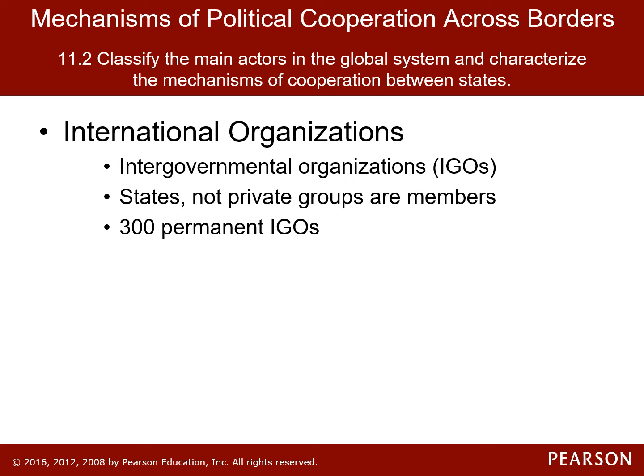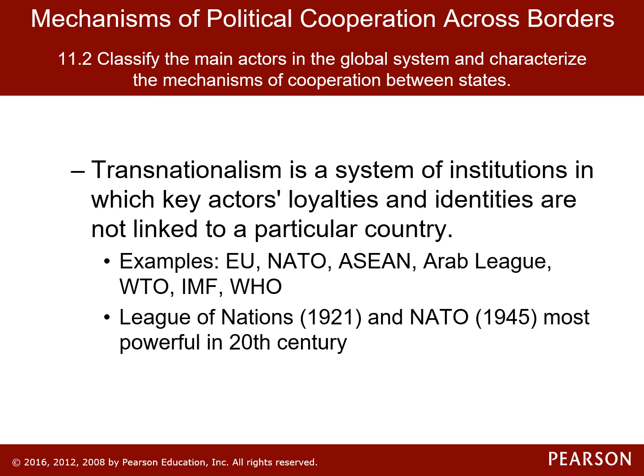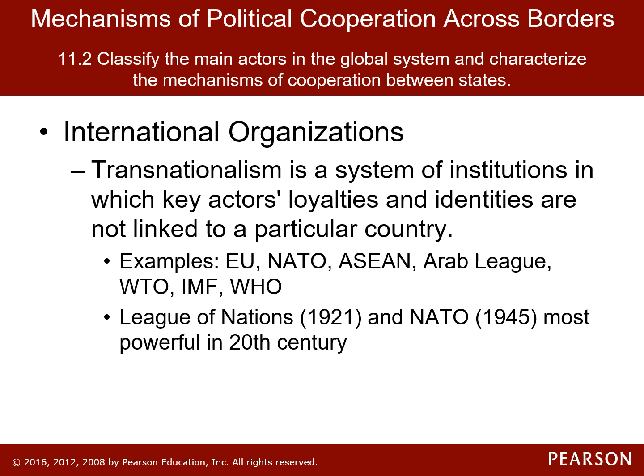The first type is called intergovernmental organizations, or IGOs. These basically, the members are countries, not people. You cannot join the United Nations, for example. You cannot join the EU as a person. Your country joins it. There are over 300 of them.